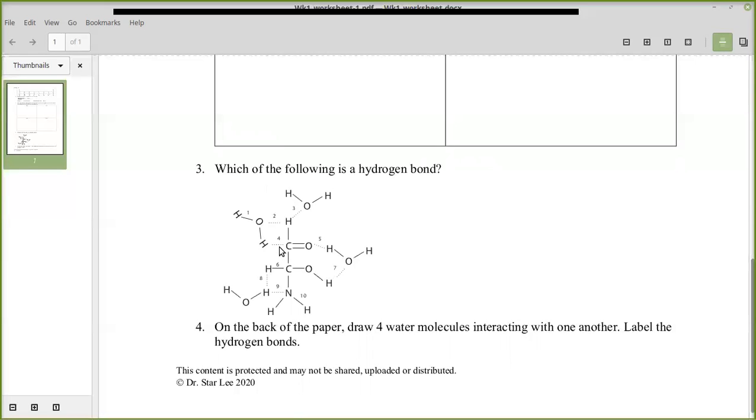Okay. Yes, no. Okay. Why yes? Does anybody have any idea why they put down yes? O is electronegative, right? So O is creating this dipole. But what is the final component that you need?